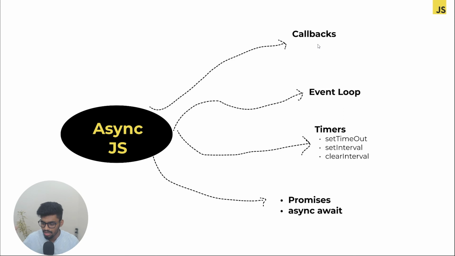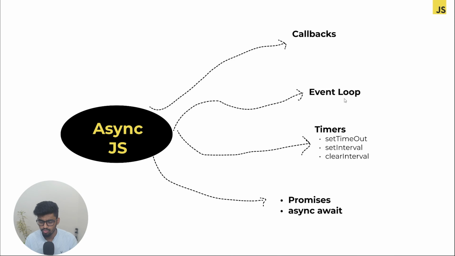Callbacks are functions passed to a function. It gives the ability to execute a parent function and then the function that you have passed. So you can imagine executing a function after some time. It opens a whole new world in asynchronous JavaScript.